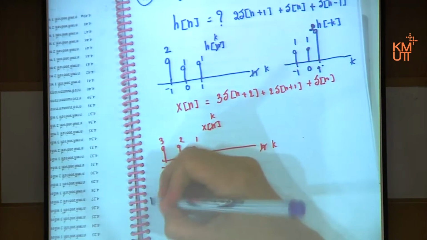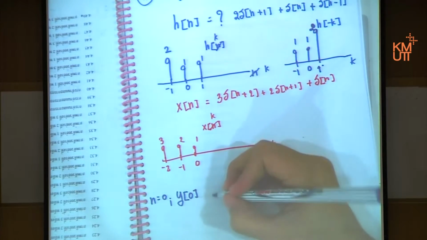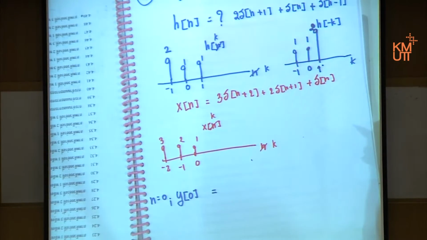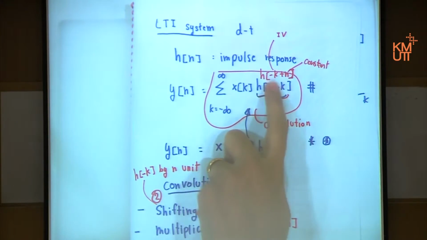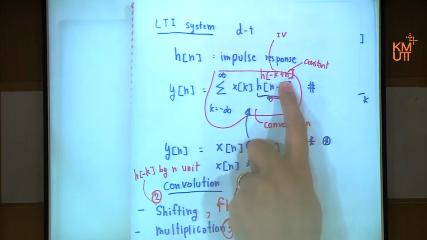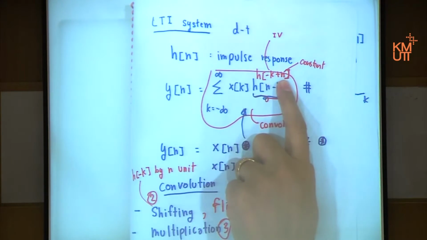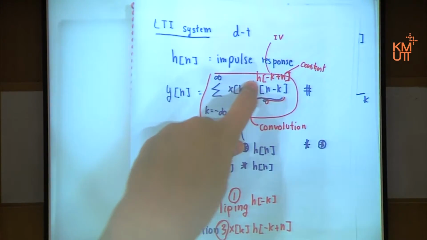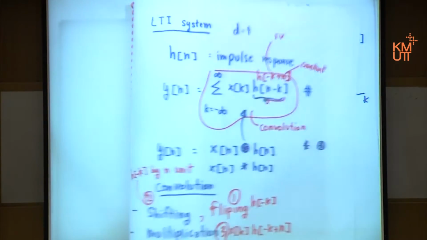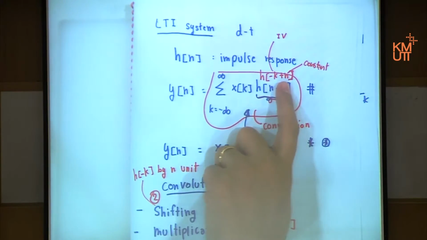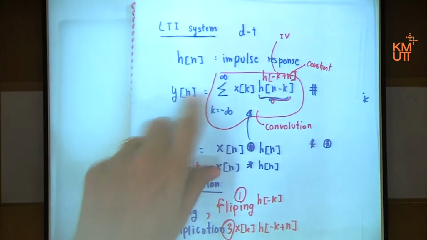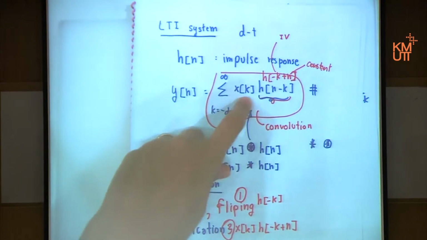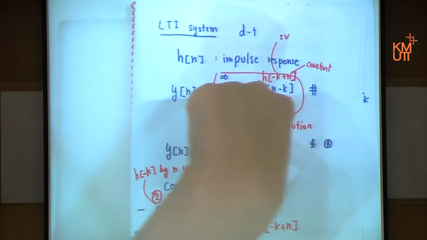When n is 0, the shift value must be 0, which means you don't perform the shifting operation on h[-k]. So y[0] equals the sum of x[k] times h[-k] only, with no shifting.